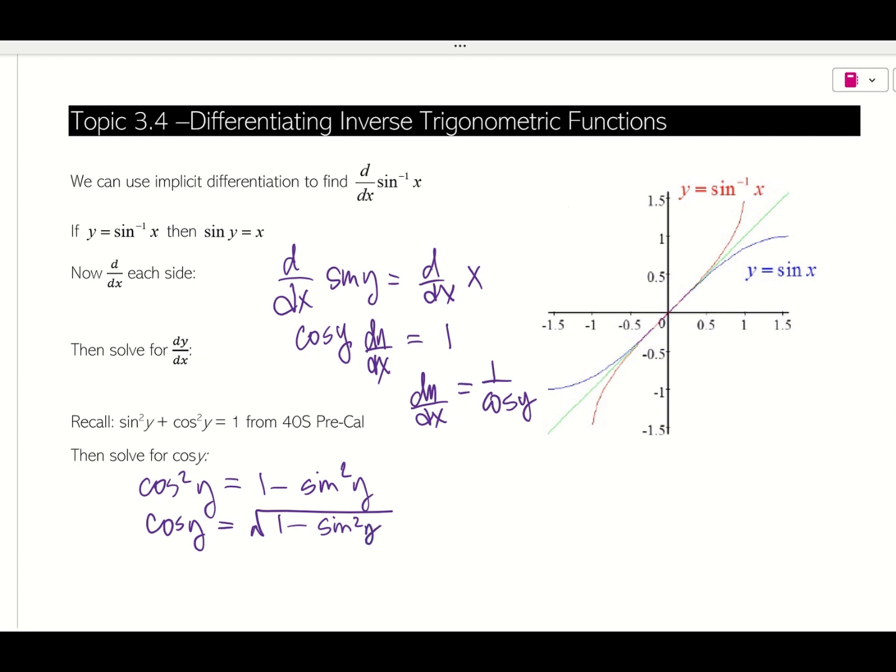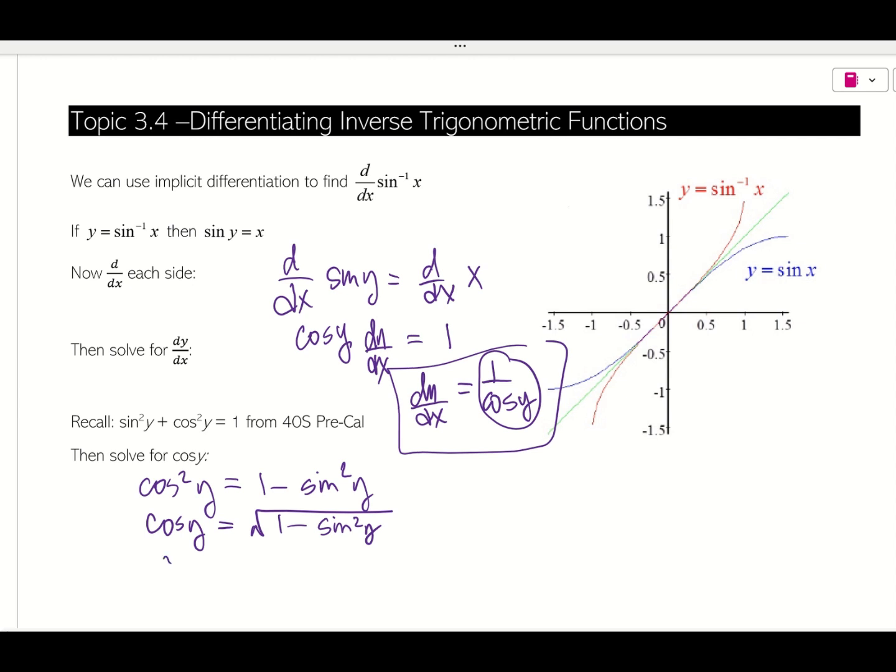So if I want to substitute that in, do you see that before we found that dy/dx is equal to 1 over cos y.